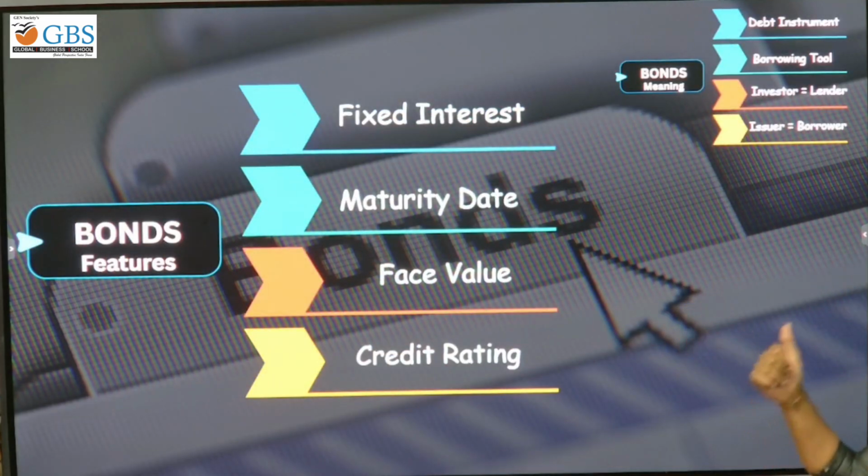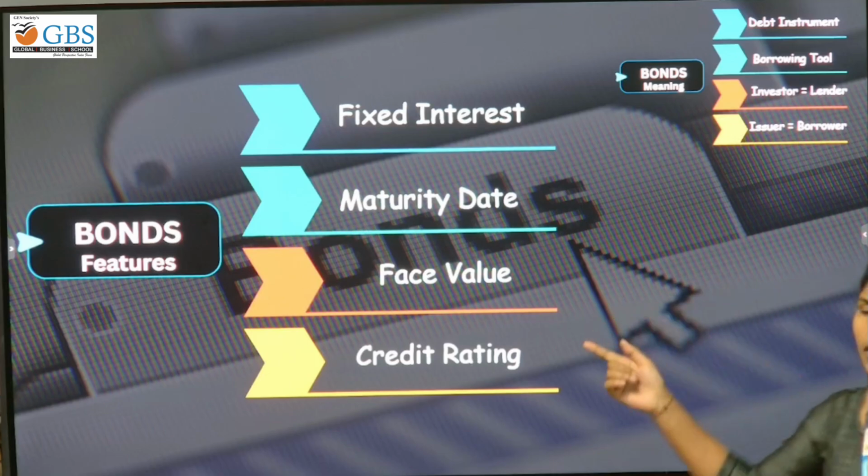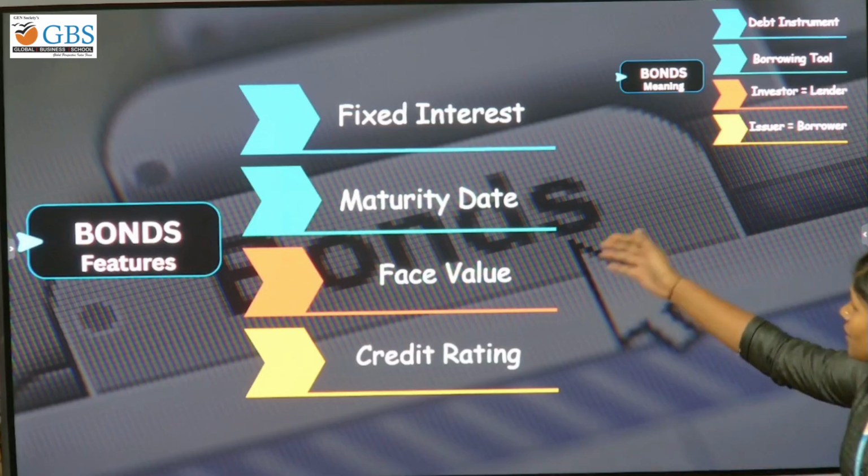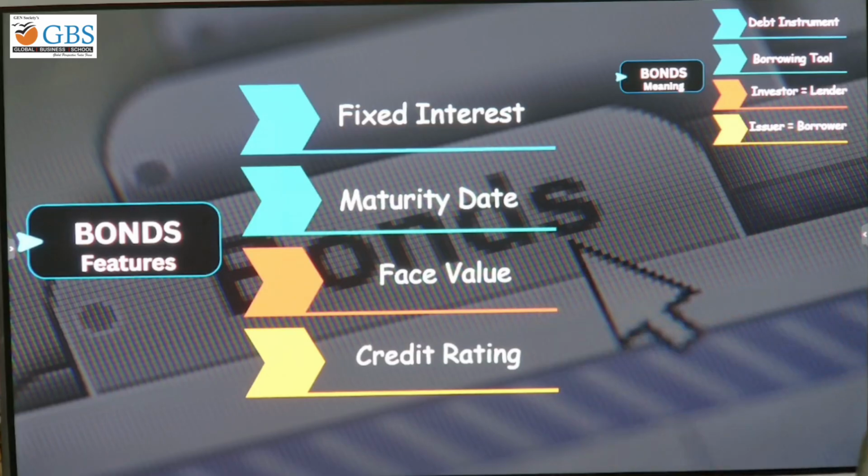The first feature is fixed interest. Usually bonds have a fixed rate of interest which is given by the company to the public. The second one is the maturity date. Bonds usually have an expiry date or end date, for example 1 year, 5 years, 7 years, 10 years, etc. Then face value: suppose a company issues a bond at rupees 100, then rupees 100 is the face value for that particular bond.